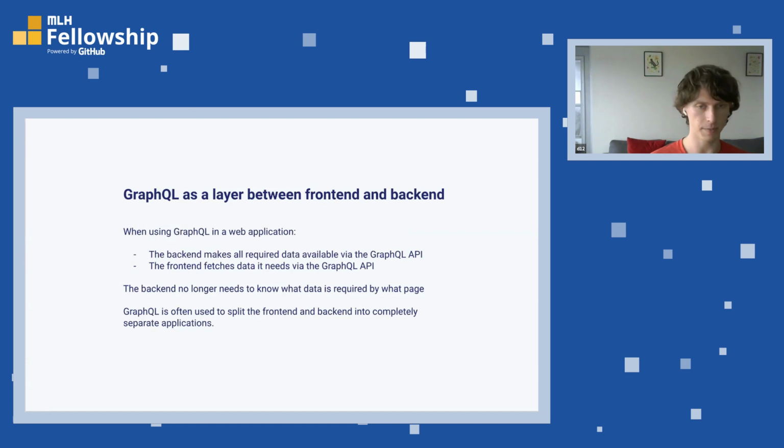That whole responsibility is eliminated when you use GraphQL, because all you have to do as the backend is provide an API. You don't have to provide different APIs for different views because the view can craft its own query and fetch exactly what data it needs. So GraphQL is commonly used to split the concerns there and to simplify your backend.